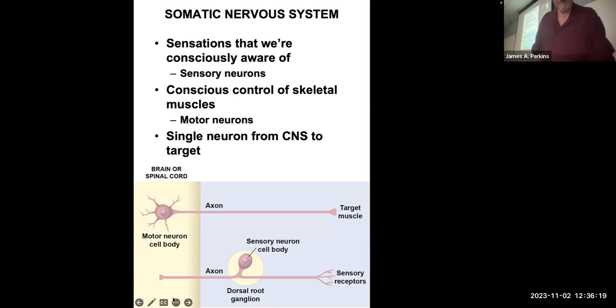And then same thing with the sensory neurons. You've got those sensory receptors that are out in the skin. The axons continue all the way back to synapse in the gray matter of the spinal cord. The cell bodies happen to sit outside of the central nervous system in some kind of ganglion, like the dorsal root ganglia for all of the spinal nerves. But still, it's a single axon or a group of single axons that are bringing that information all the way into the central nervous system.